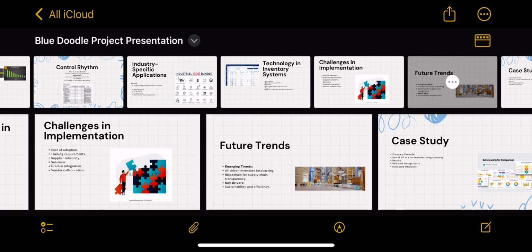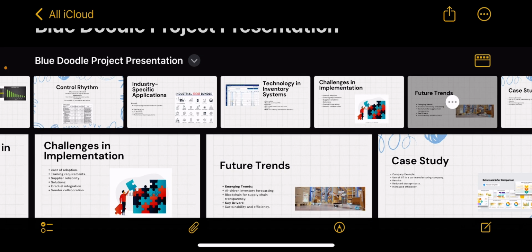We can say that inventory systems cater to different business needs. Technology plays a vital role in inventory management selections. It depends on demand patterns and industry specifics. It's pretty important to understand the different inventory systems.